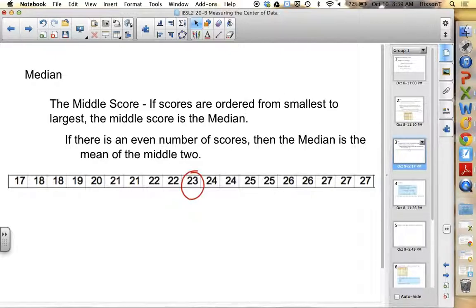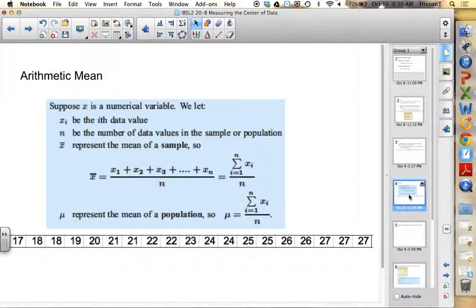So there's our median. And then the one that's used most often, the arithmetic mean. Okay? You may remember in geometry learning about a geometric mean. You guys remember that, kinda? A over x equals x over b.